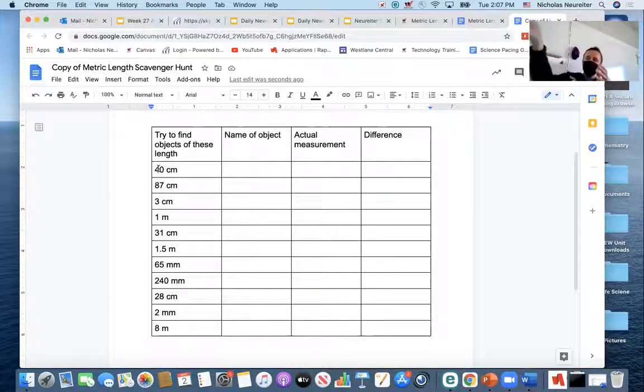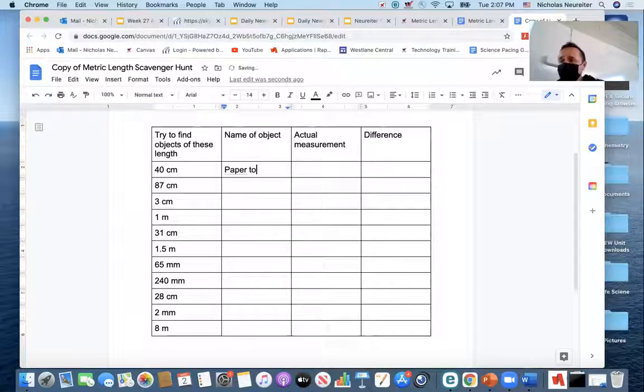As I'm sitting here looking around my room, I noticed that the paper towel dispenser over there looks like it's about 40. Now, I think it's going to be a little bit less than that. So maybe I'll do the top to the bottom of the paper towel dispenser. So what I would do is I would type in paper towel dispenser, and then I would go over there and measure it.